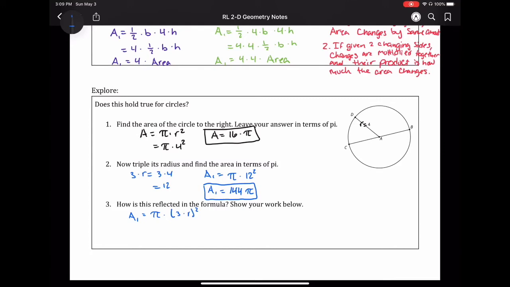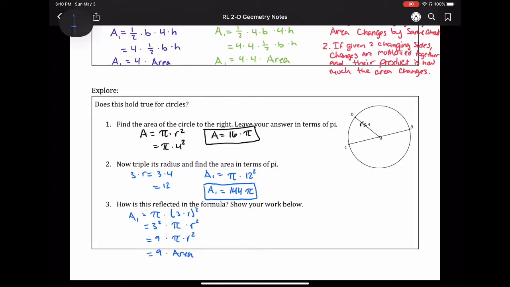So I have 3 squared, which is equal to 9, and I'm going to pull that 3 squared out. So I have 3 squared times pi times r squared. 3 squared is equal to 9. 9 times pi times r squared. Pi times r squared was the formula for the original area. So what I really have is 9 times the area.